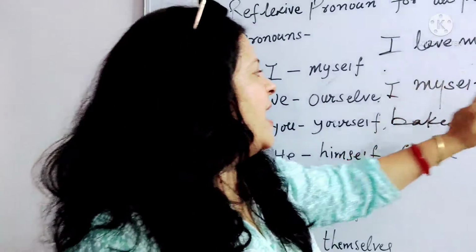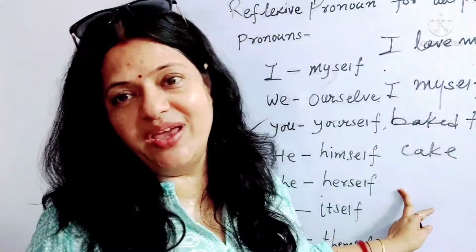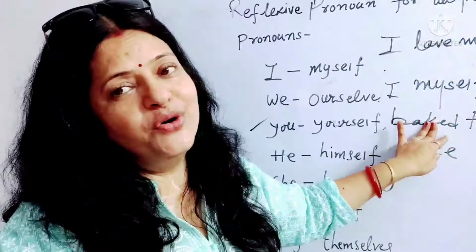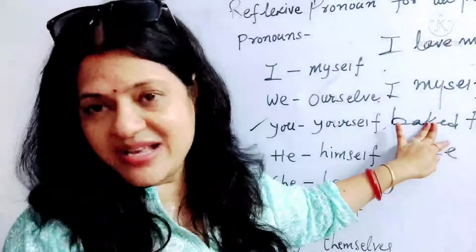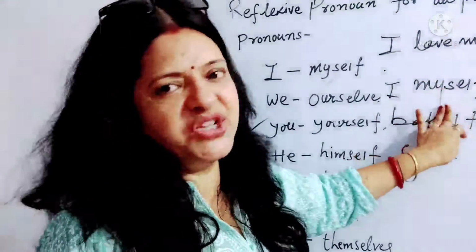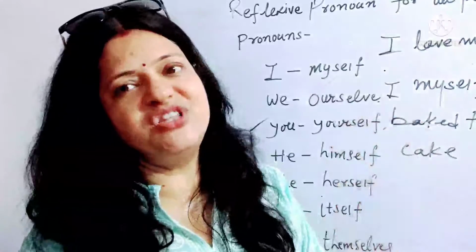I can write, I have baked this cake. But to give more emphasis to the word myself, to show that yes, I have done it, we write myself just after the subject.